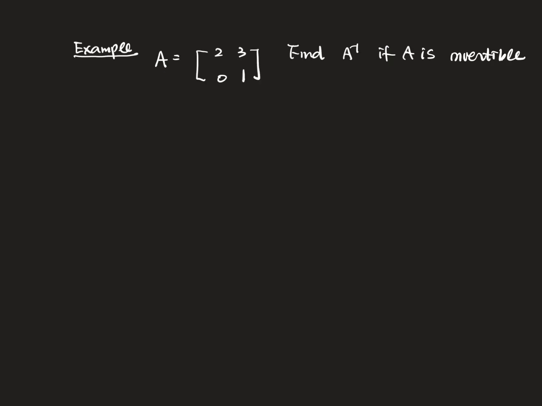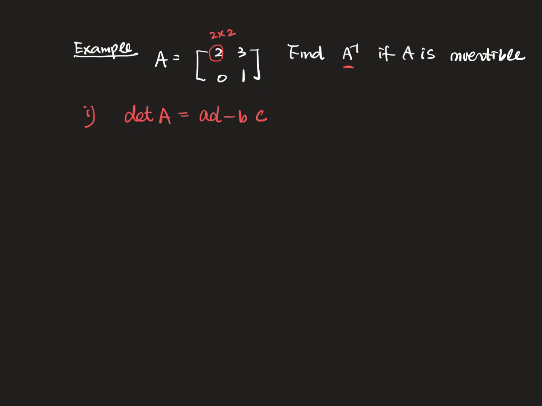So let's practice this. This one gives a 2 by 2 matrix. Can you see the 2 by 2 matrix? We want to find the inverse if A is invertible. How can we check that A is invertible? First, guys, you have to check the determinant of A. The determinant of A is AD minus BC.